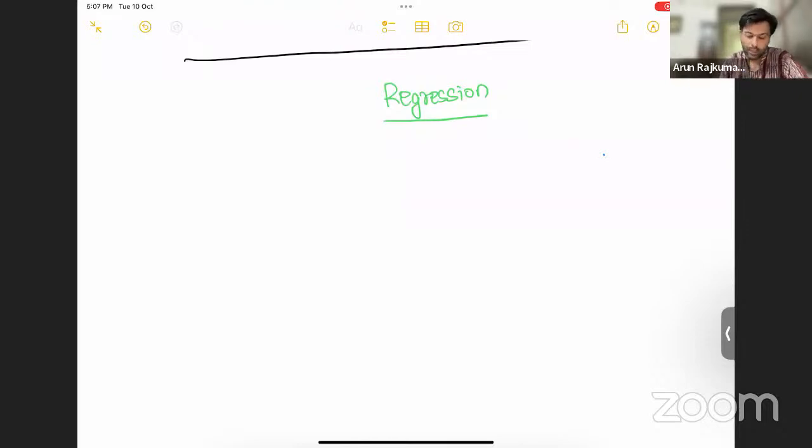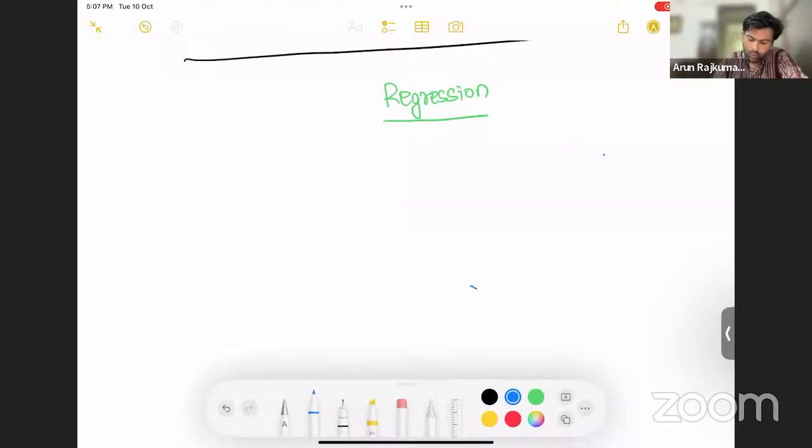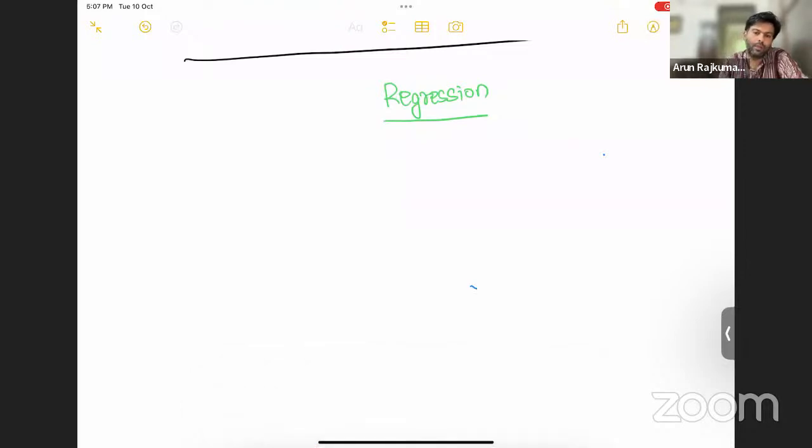So let's imagine this situation where you go to a store and every day, for whatever reason, you want to buy 3 different things: apples, oranges, and let's say mangoes. Let's say you decide to go on a fruit-only diet for the next 1 month.